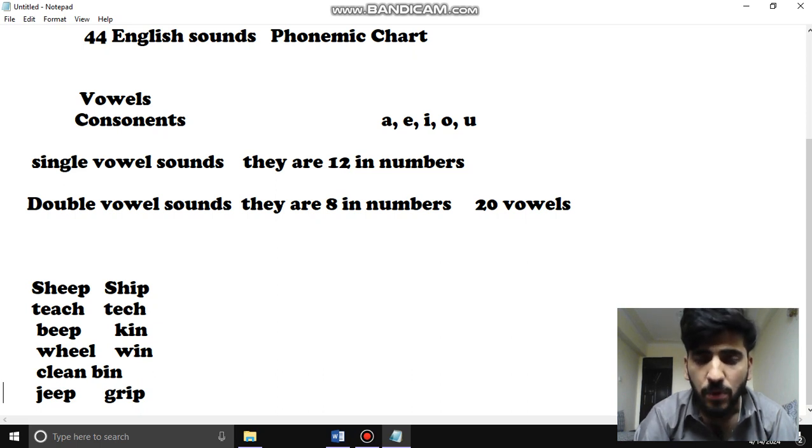So the first one is the long vowel sound, and the second one is the short vowel sound. You can have more examples for more practice.